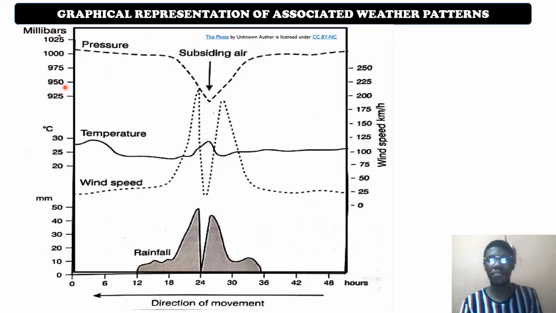Now let's interpret this graph. So remember, for you to interpret a graph, they give you one, you need to look at the features and the information that is given to you in your graph, the labels thereof. So we see that they say here we have subsiding air, right? This section of the graph. Now let's just read the graph from the left to the right. Remember, we read it from the left to the right always.